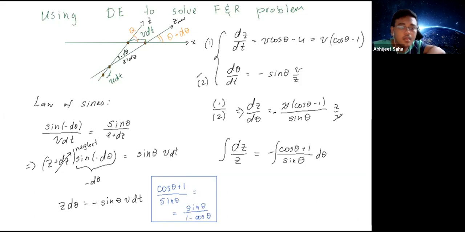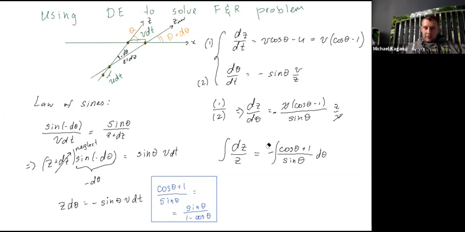Actually, I just found that I need to fix this a little bit. I missed a minus sign, right? Because it was a minus, so it should be 1 minus cos. Okay.